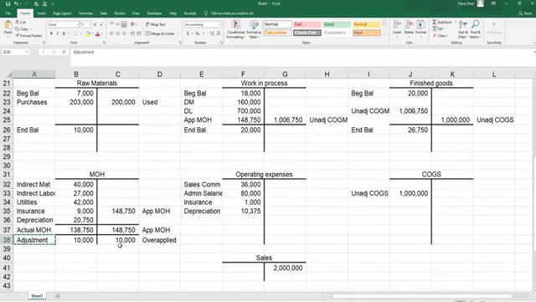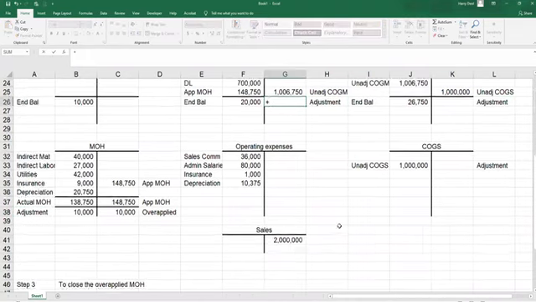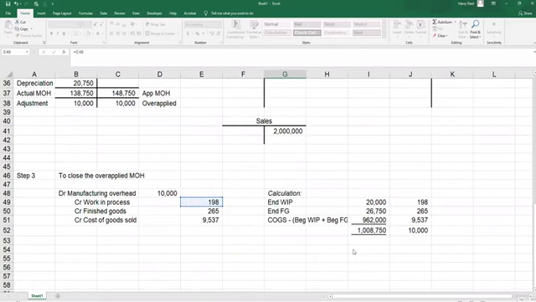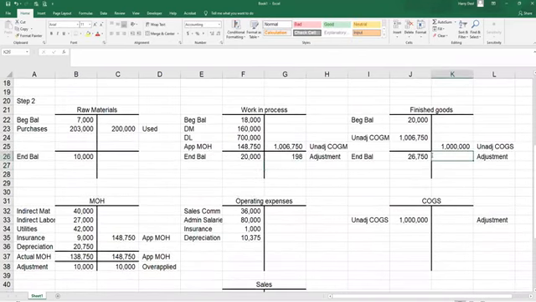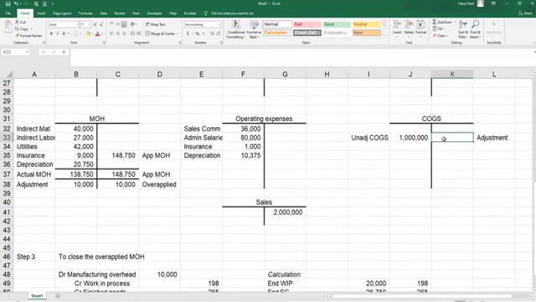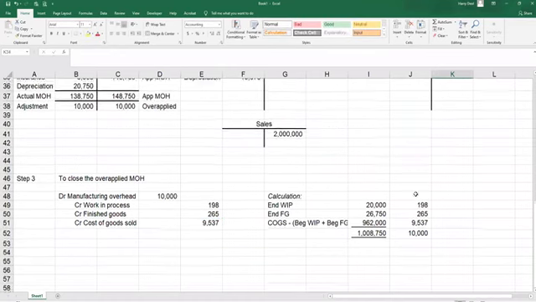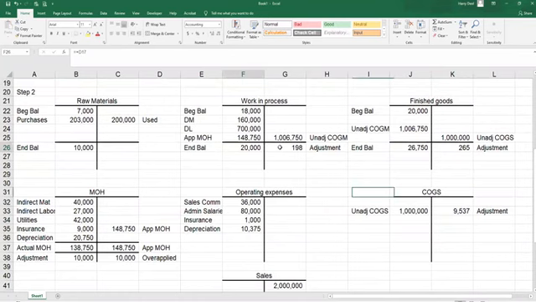Notice there's no balance left over in manufacturing overhead after that adjustment. But for work in process, finished goods, and cost of goods sold, you're going to make these adjustments. You will credit work in process by $198, credit finished goods by $265, and credit cost of goods sold by $9,537.